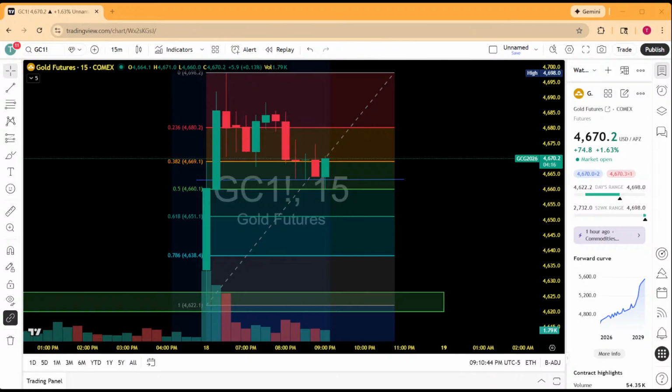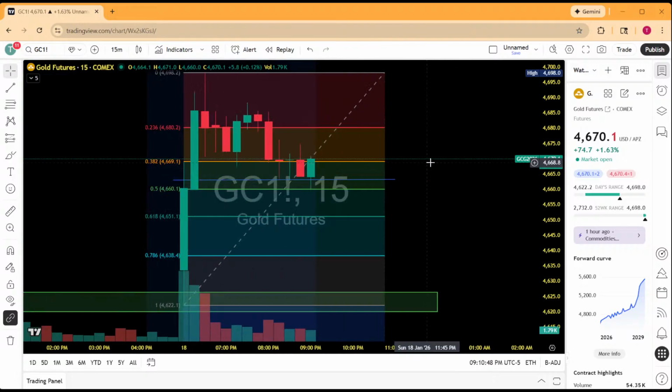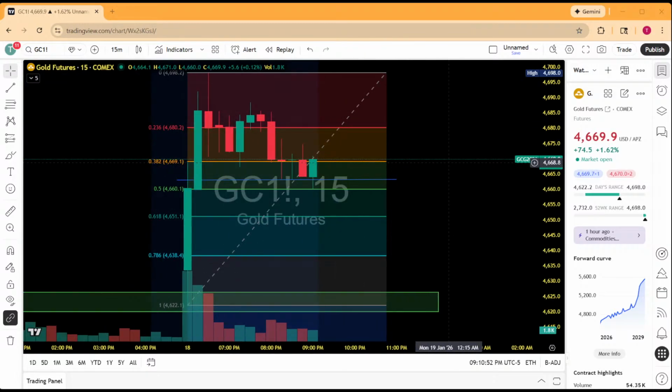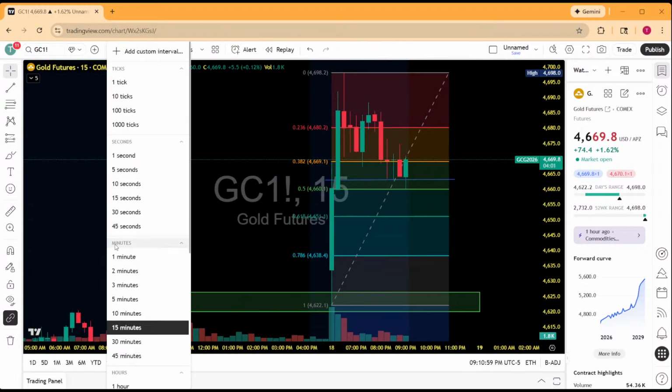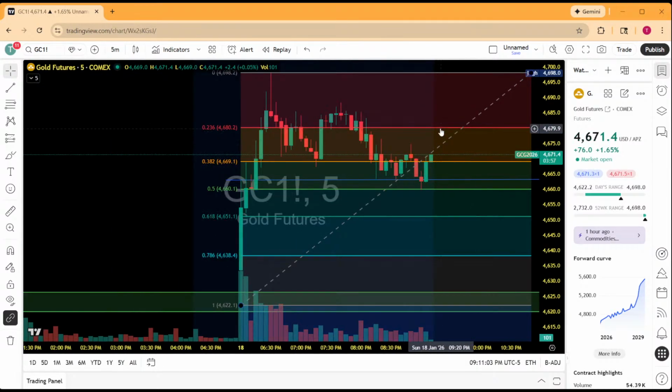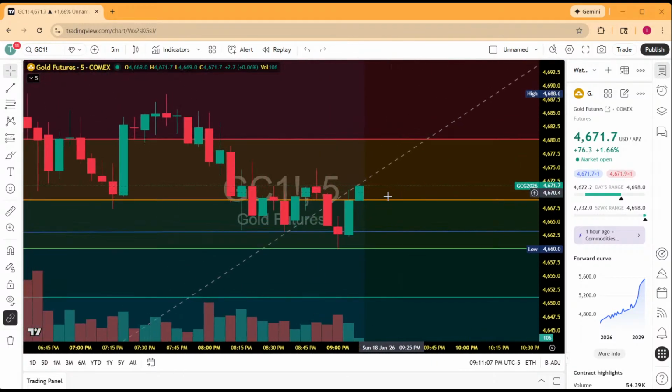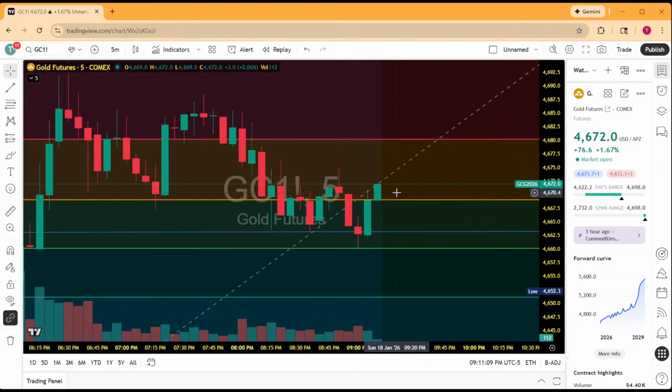It's coming above, right? So we can buy gold right over here, and the target is this 4685 back. Stop loss I can tell you right away. The stop loss is the low of this candle. This candle just started, right? So the stop loss should be the low of this candle.